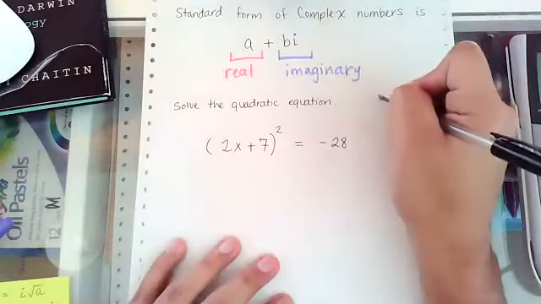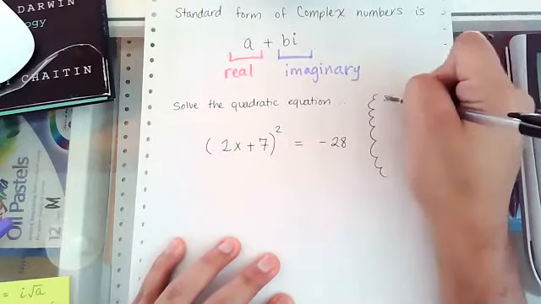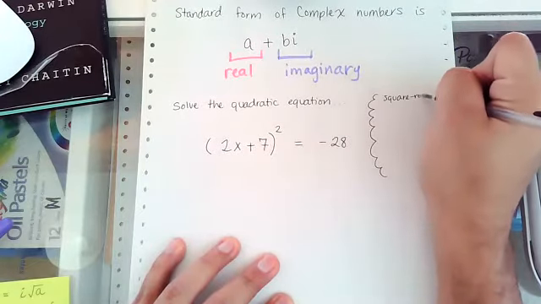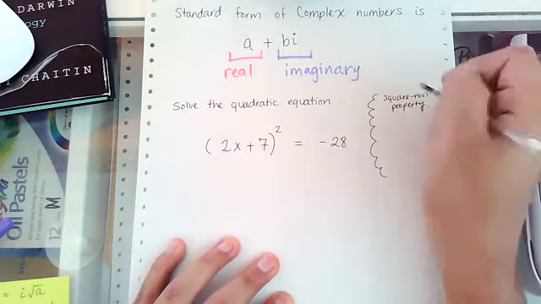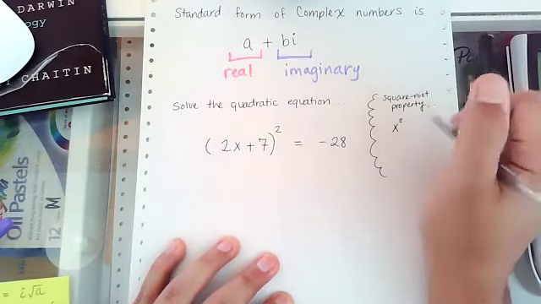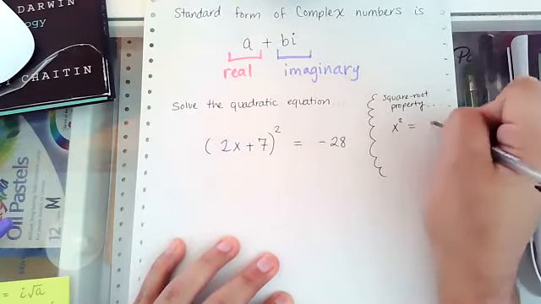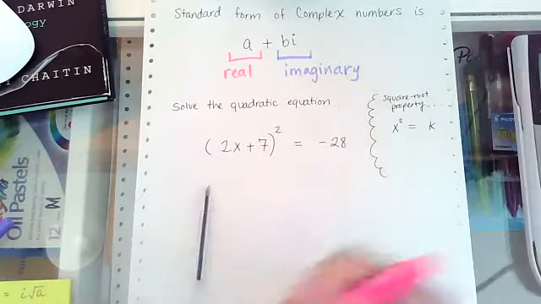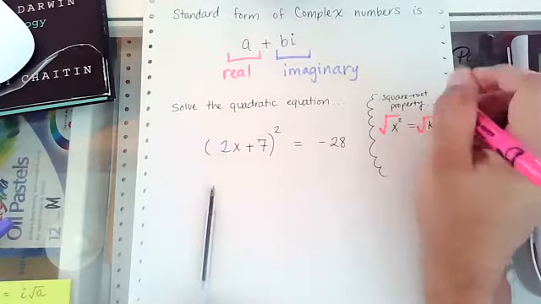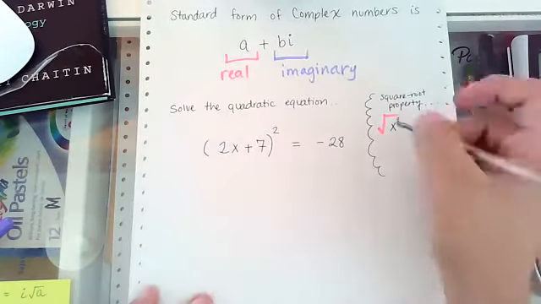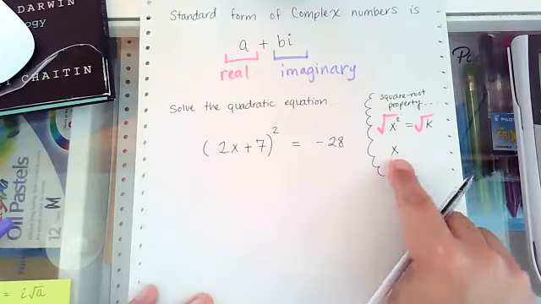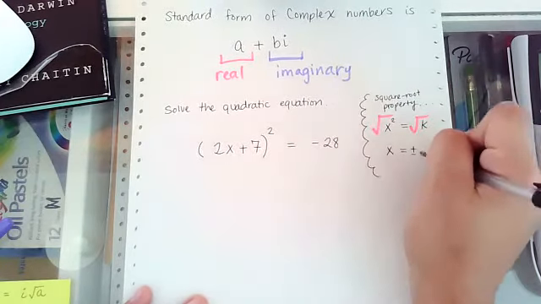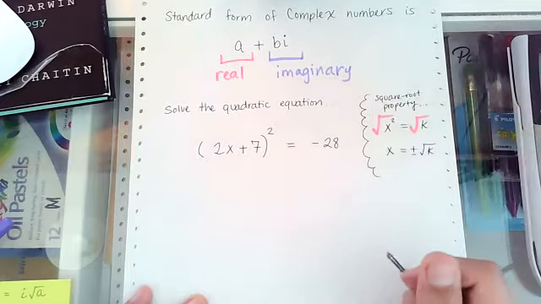The square root property says that if I have something squared, and that's equal to some number, I can just take the square root of both sides. Then I'll get that x by itself, and I'll have plus or minus the square root of k.